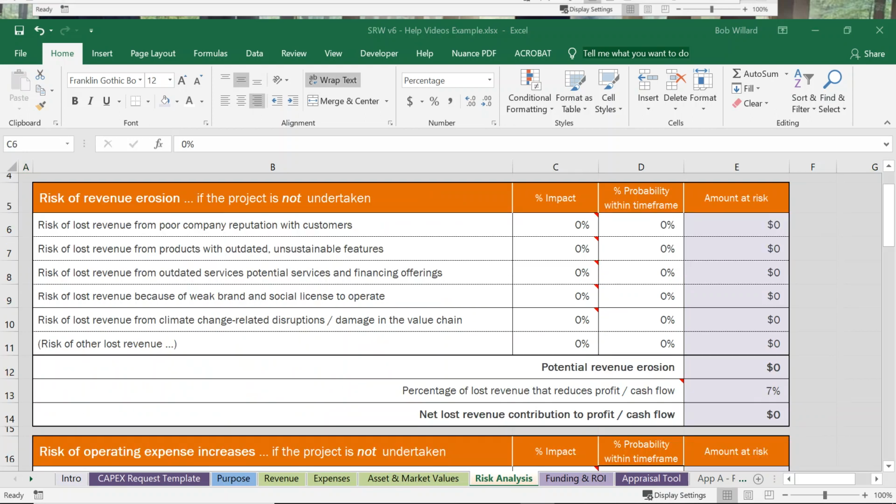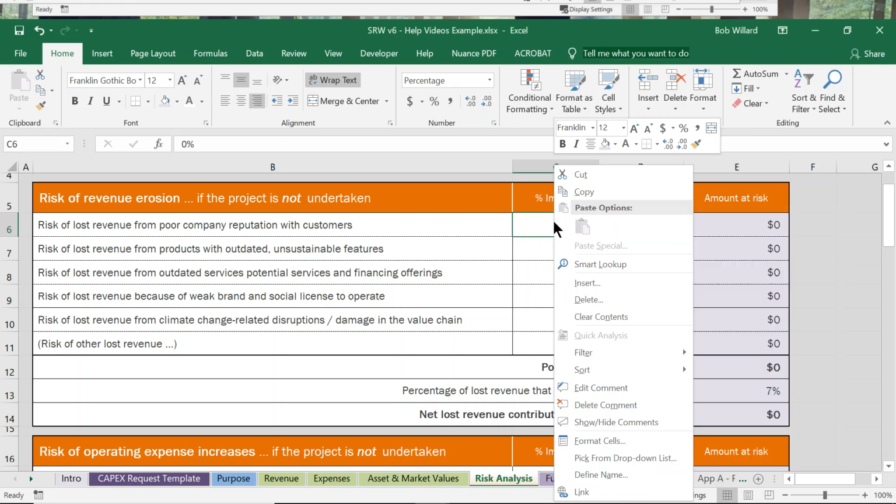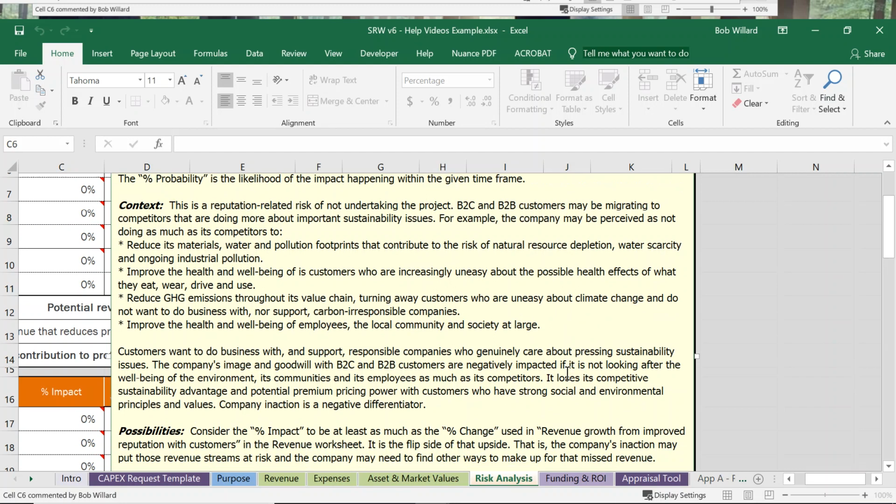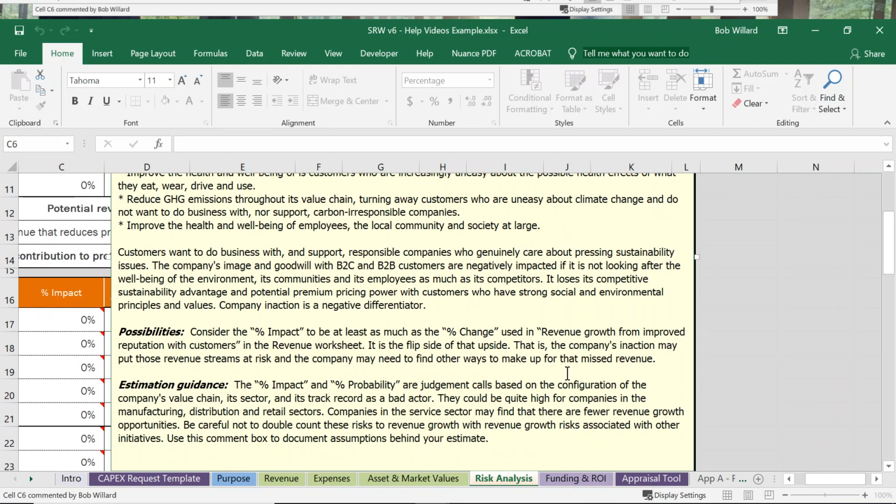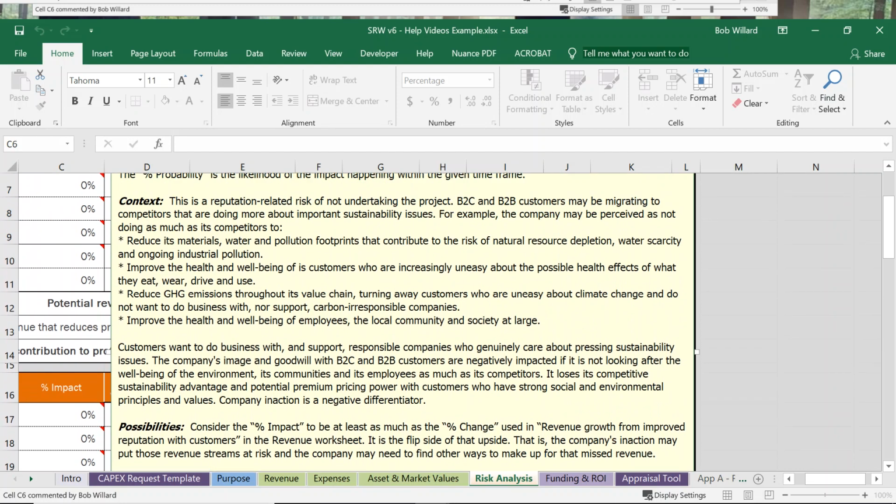As you did with estimating the potential benefits, mouse over the cell that you want to come up with a percent possibility in, right click it, edit the comment, and scroll down to be able to read the entire comment.